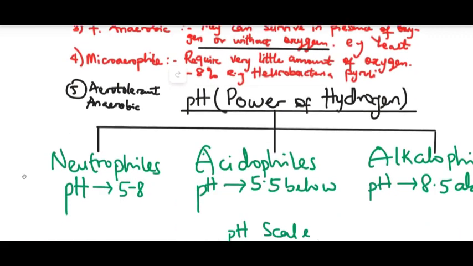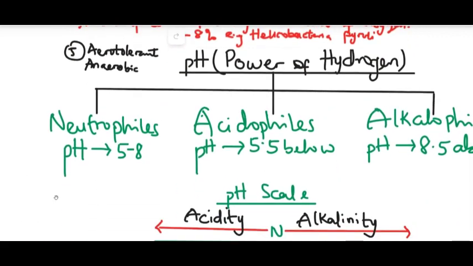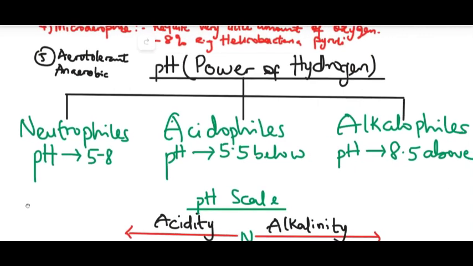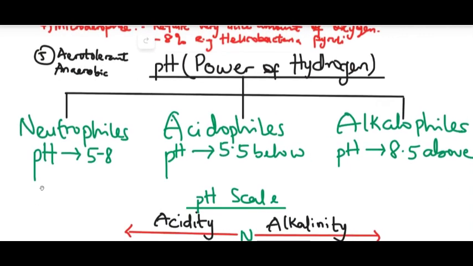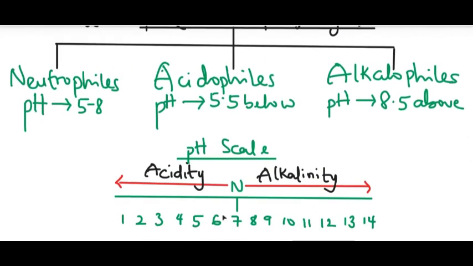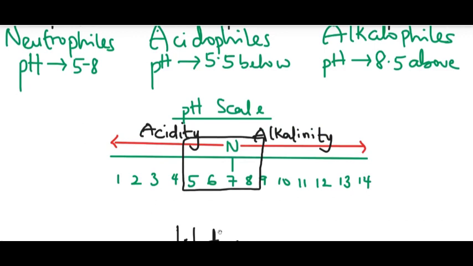The one but last stage, we have pH. The pH divides bacteria into 3 groups. We have the neutrophils, the acidophiles, and the alkalophiles. For neutrophils, on the pH scale, they operate between 5 and 8, right? Then we have the acidophiles.